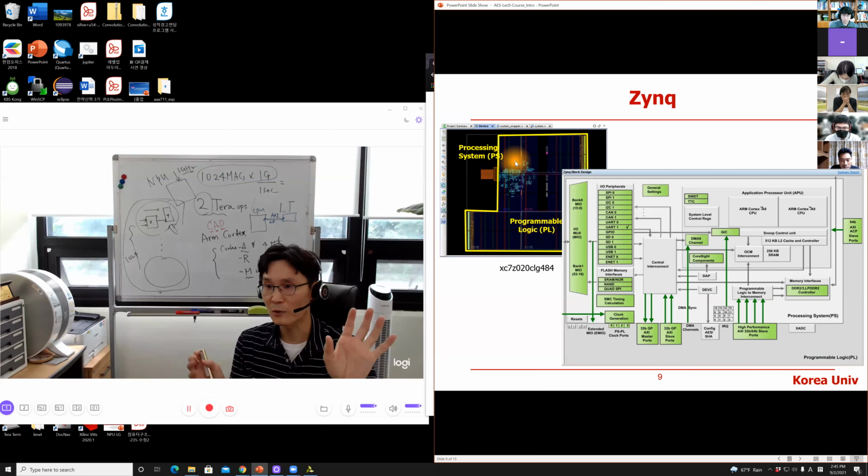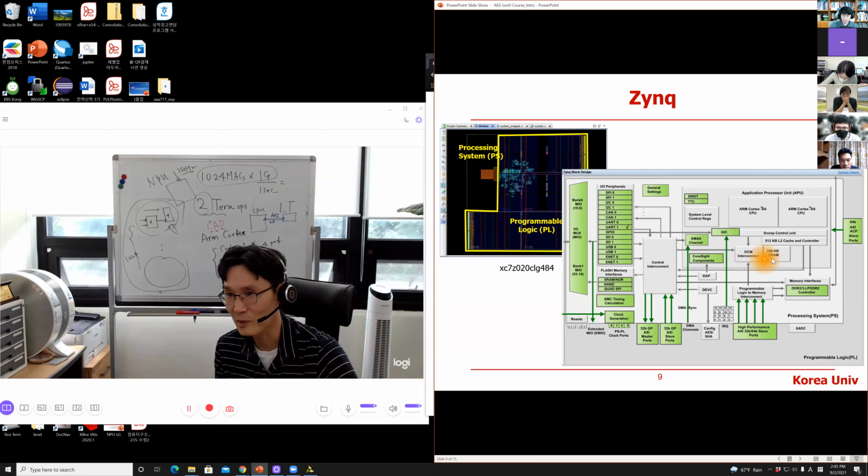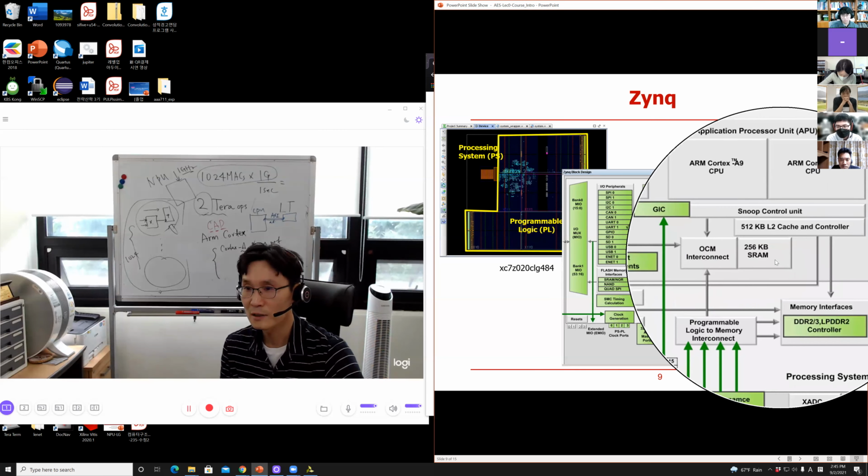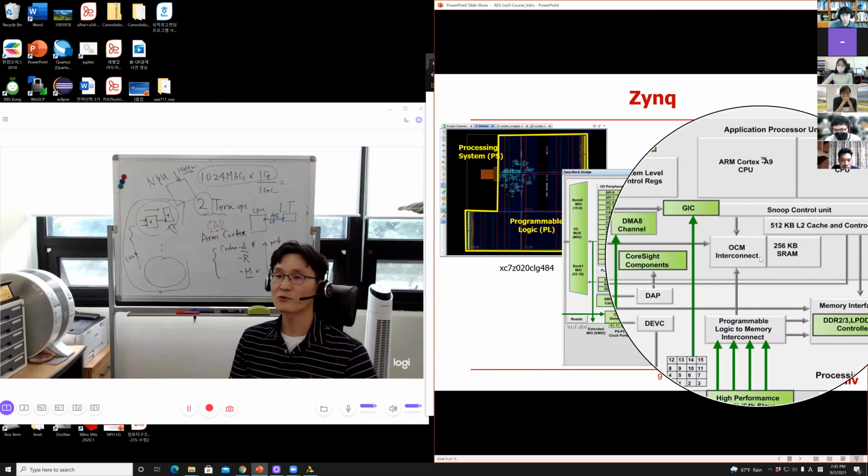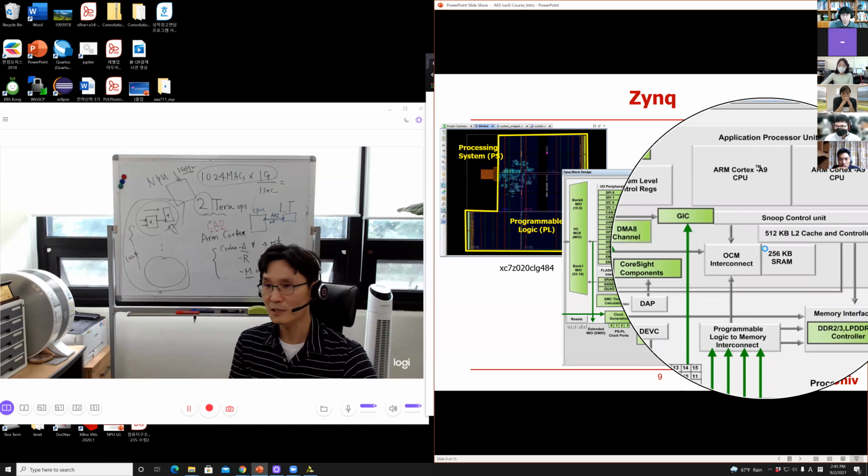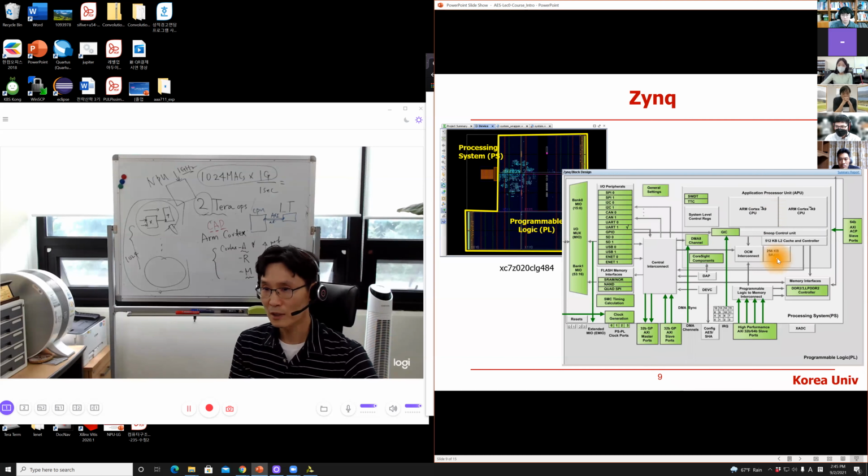It doesn't have memory though, just a small memory. Look at this, you have 256 kilobytes, a very small internal memory. So it has CPU, memory, and I/O devices.